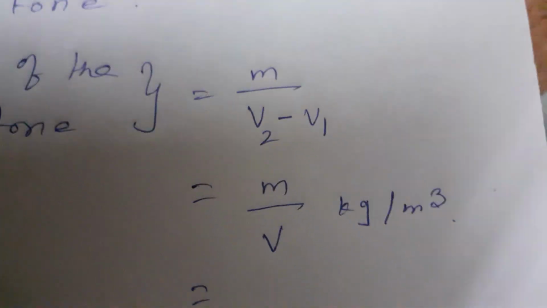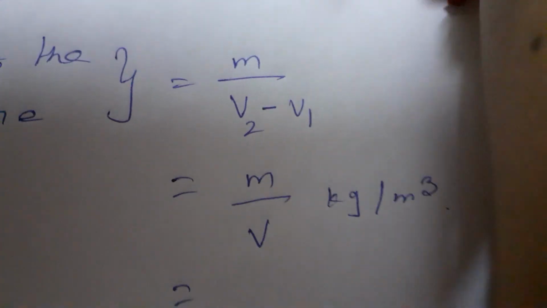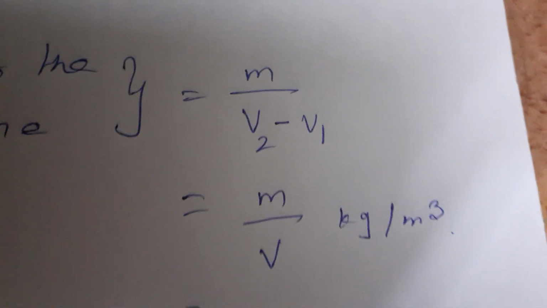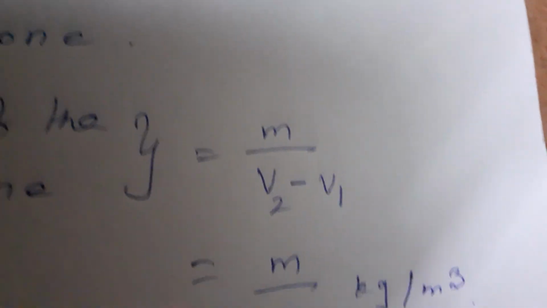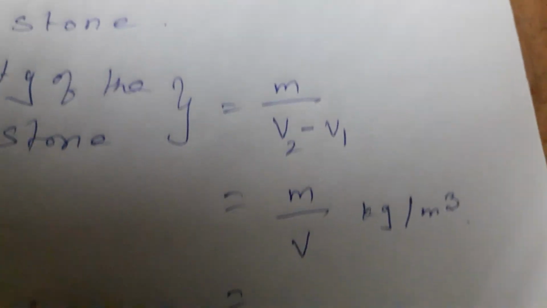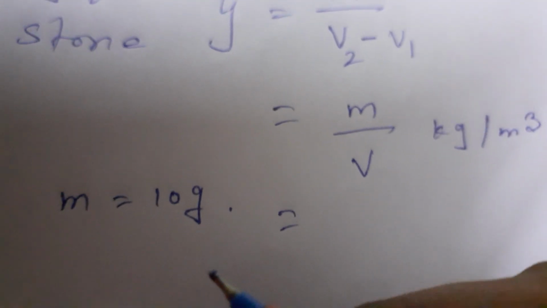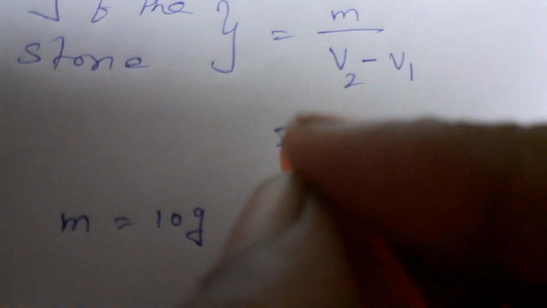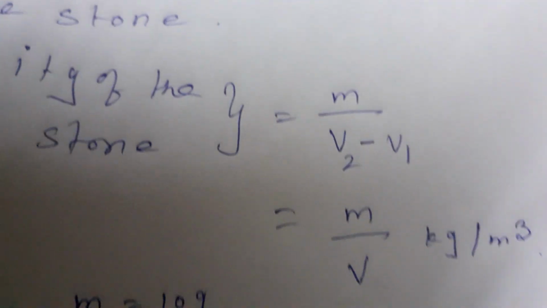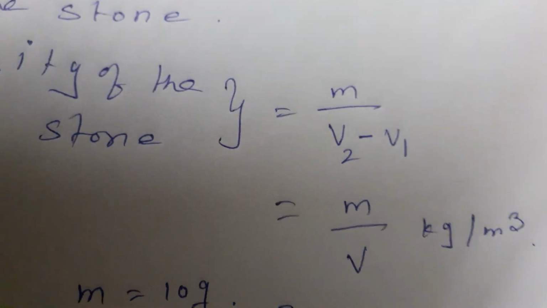If I give the mass of a stone as 10 grams, then the volume, as we found, is 40 ml.